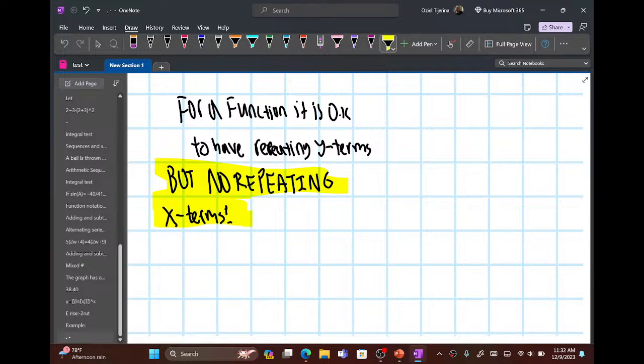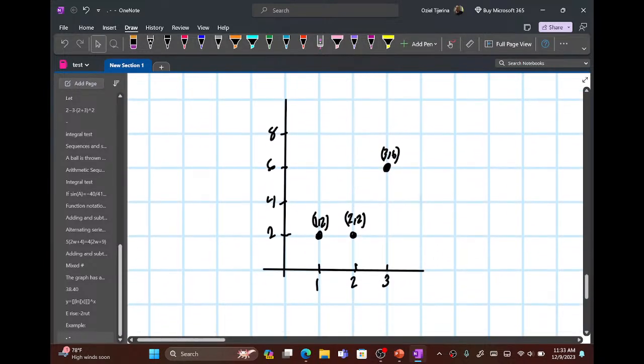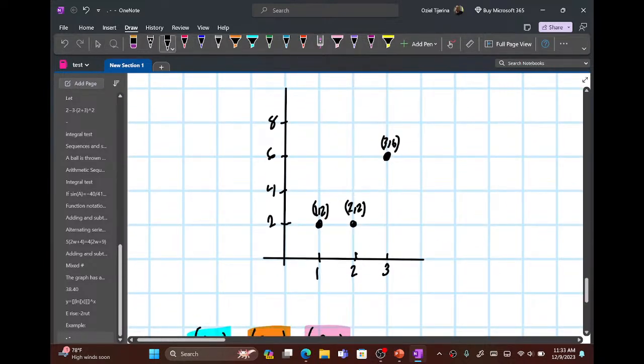So now let's go ahead and look at the following. So yeah, no repeating x terms, okay? So we can clearly see that this is a function.